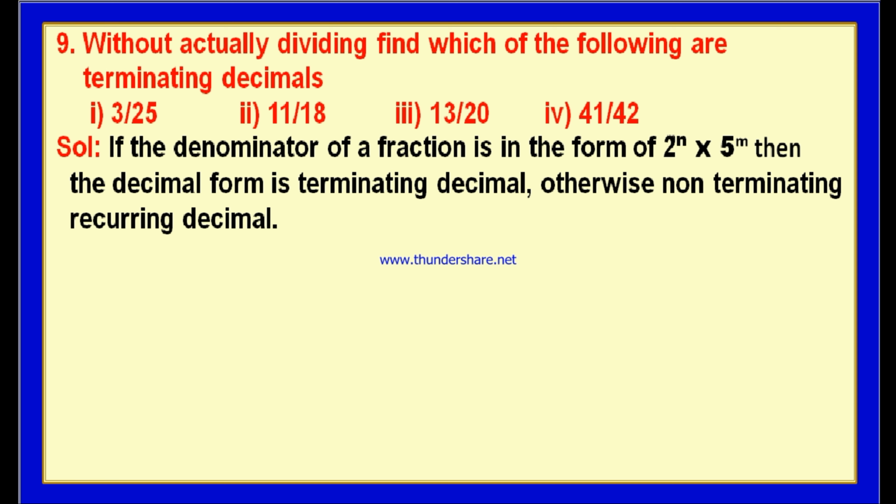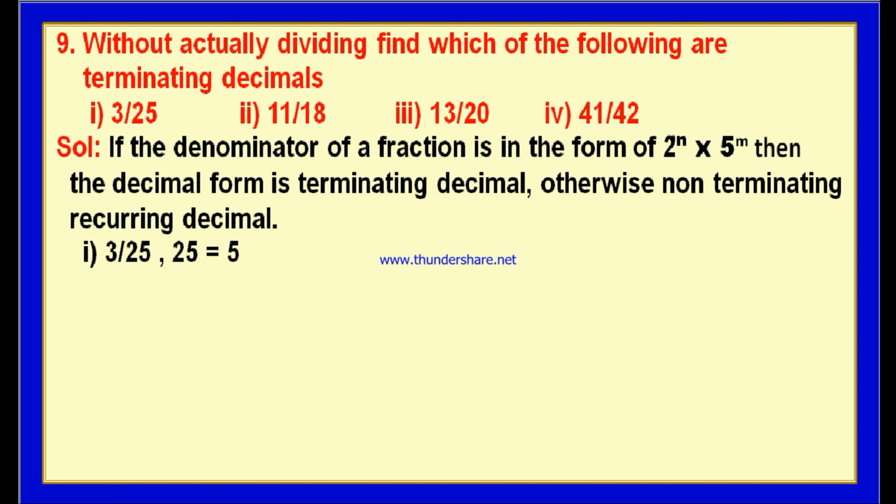If a denominator contains only 2 and 5 as factors, then that fraction is a terminating decimal. If the denominator contains some other factors besides 2 and 5, like 3, 7, like this, then those numbers are non-terminating recurring decimals. We learned already about this, isn't it?